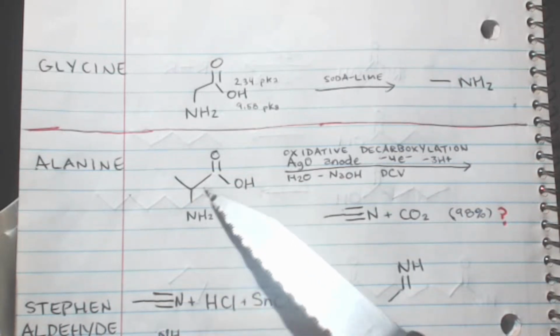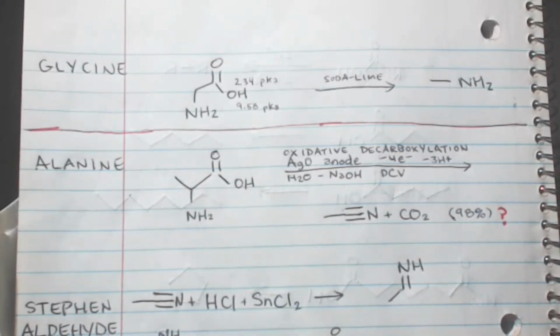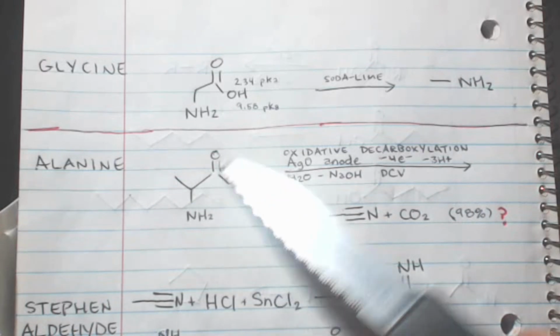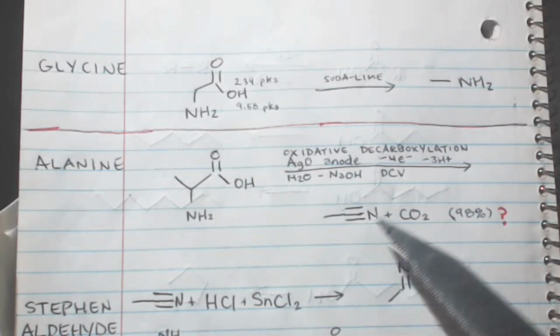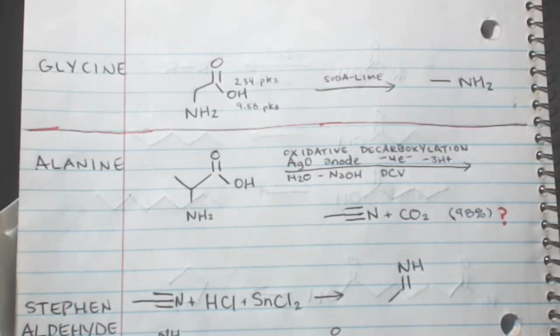Two H's come off, and this single bond turns into a triple bond, and the carboxyl group comes off. Now you have a nitrile. This is actually the simplest nitrile that you can have. It's a hydrocarbon. It's not a salt like potassium cyanide. This is hydrocarbon nitrile or cyanide.